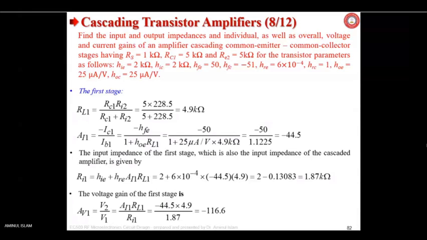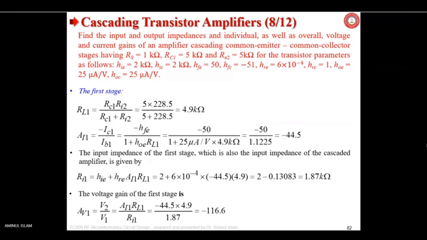First stage means Q1, which is common emitter configuration. Now, RL1, the load resistance of Q1, is going to be what?